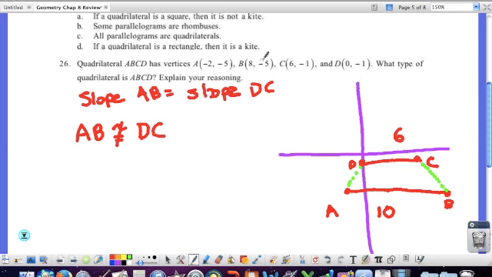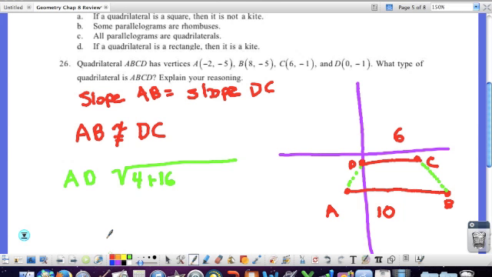So A to D. So the length of AD is -2 minus 0, is -2 squared is 4, plus -5 minus -1 is -4 squared is 16. So AD is equal to the square root of 4 plus 16, which is 20.